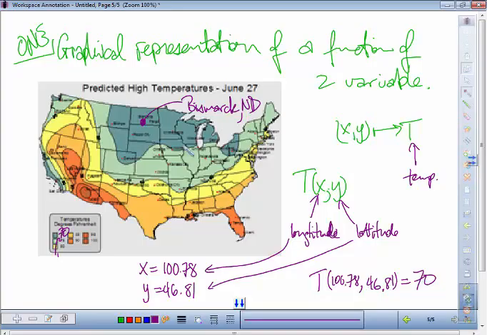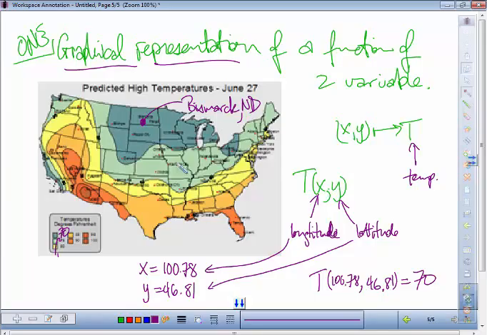So we use a color-coded map, also sometimes called a contour map, as a graphical representation of a function of several variables, a function of two variables in this case. And you remember the idea behind a function?